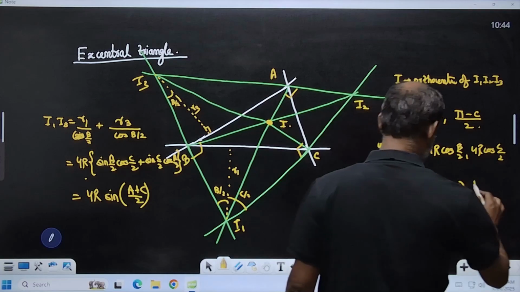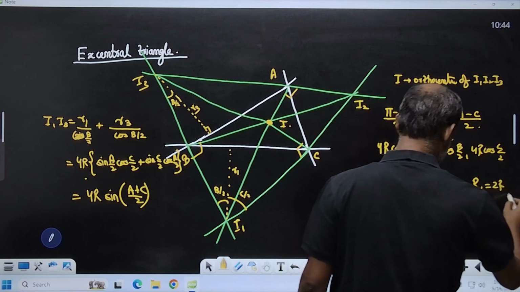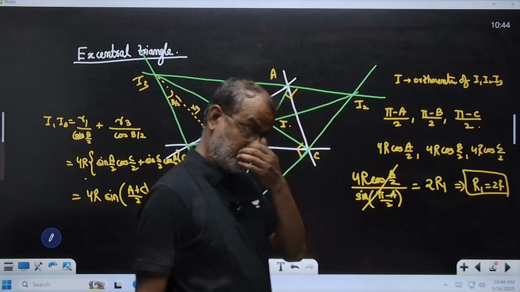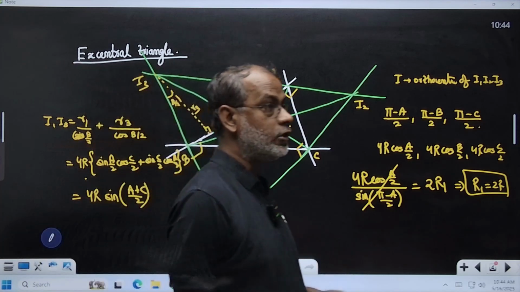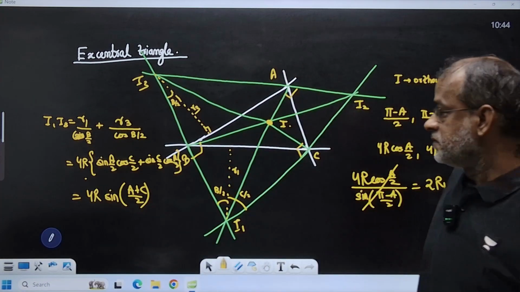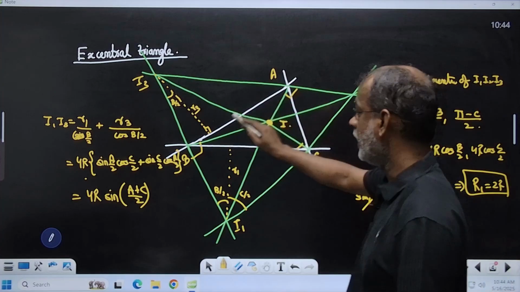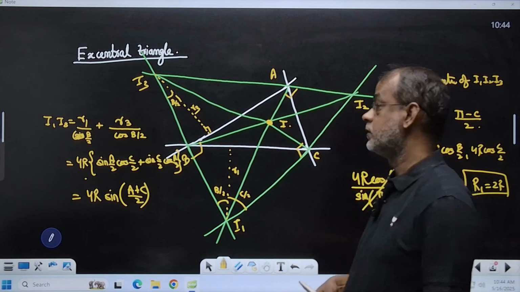So, you can say R1 is 2R. For I1, I2, I3, ABC is the triangle which is formed by the feet of perpendiculars.